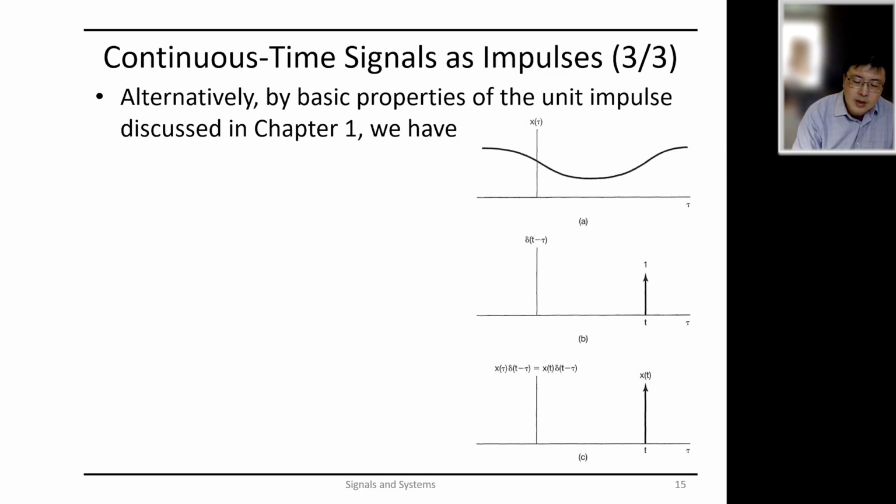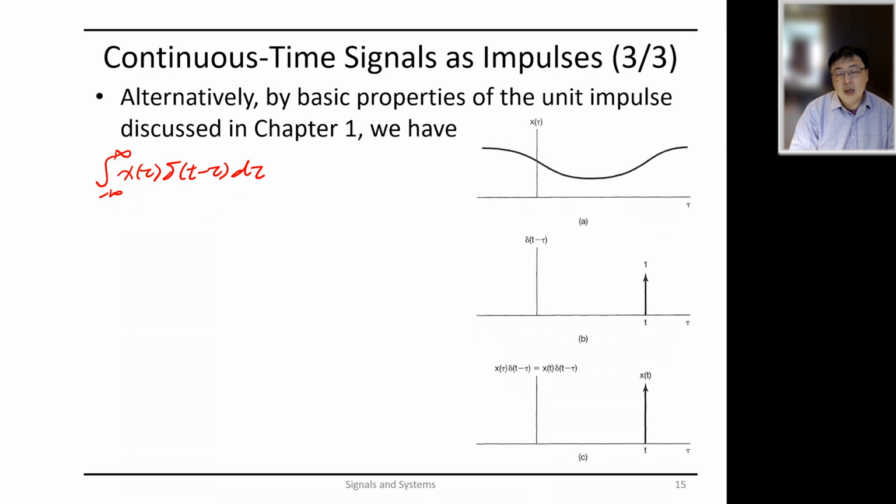Because if you recall using the techniques in chapter 1, if you take the integral of x of tau delta of t minus tau d tau, we know that when you multiply x of tau with a delta function at time t, you will only get a non-zero value at time t.